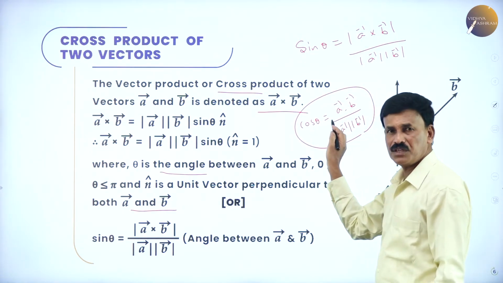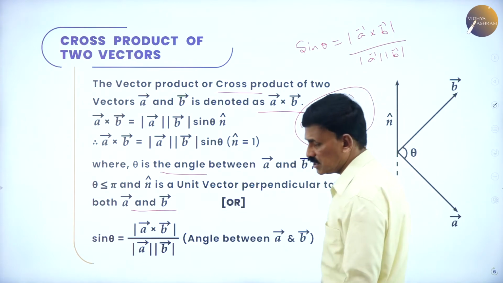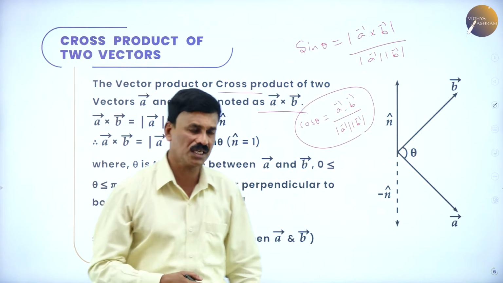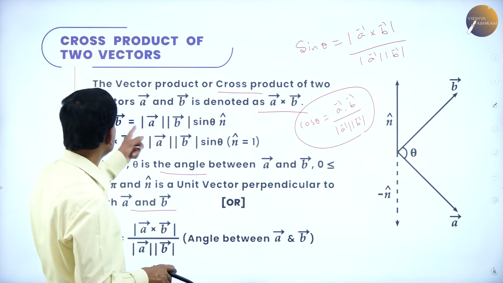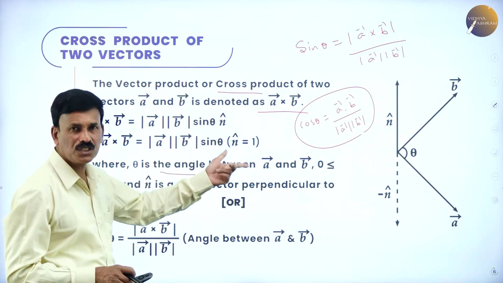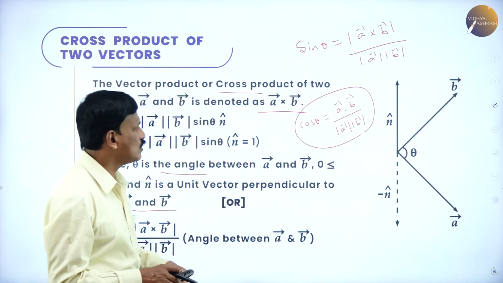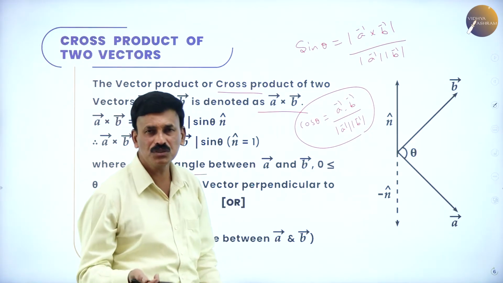In cos theta, we are using the dot product. In sine theta, we are using the cross product. So, A cross B is equal to length of A, length of B sine theta into n cap, and A dot B is equal to length of A, length of B cos theta.